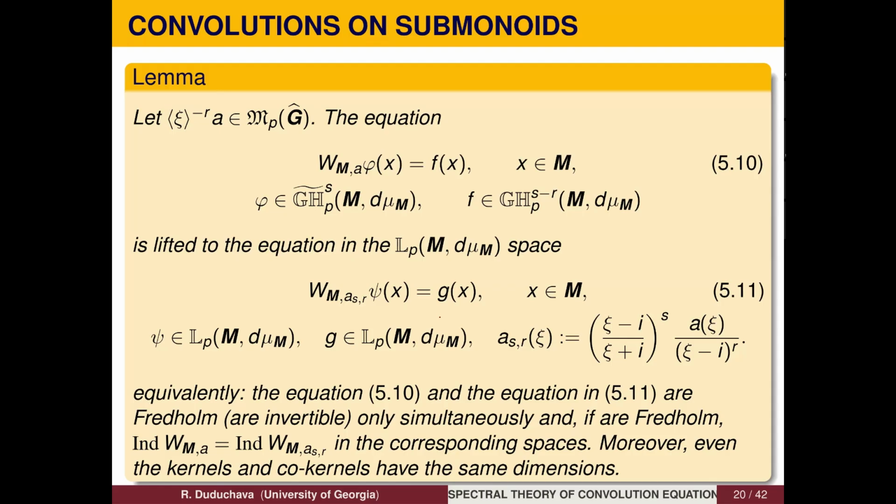This equation is lifted to an equation in L^p space with the symbol written here. And they are fully equivalent, the original equation and the lifted equation. They have even the same dimension of kernel and cokernel. They are Fredholm simultaneously or are not Fredholm at all. They are invertible or non-invertible simultaneously. So it's full equivalence. That's the first step of investigation of these equations, lifting.